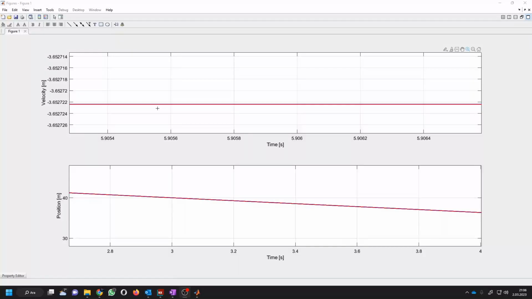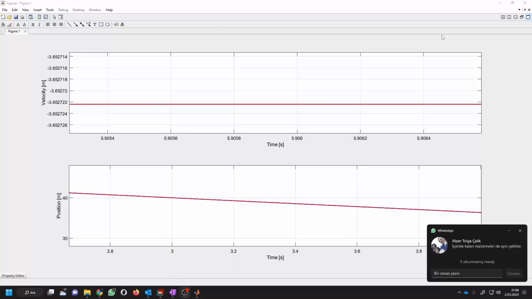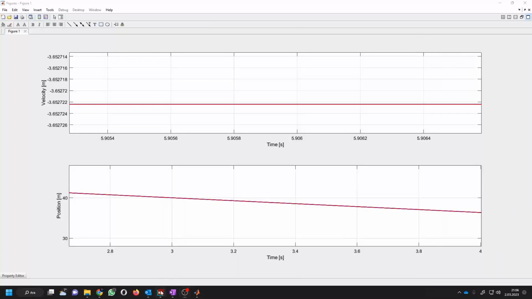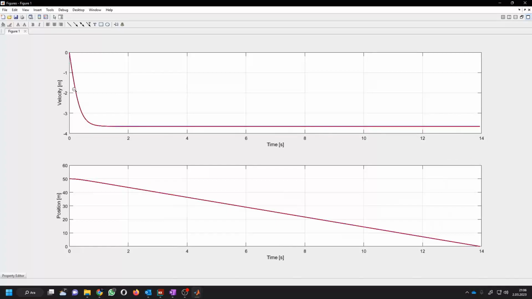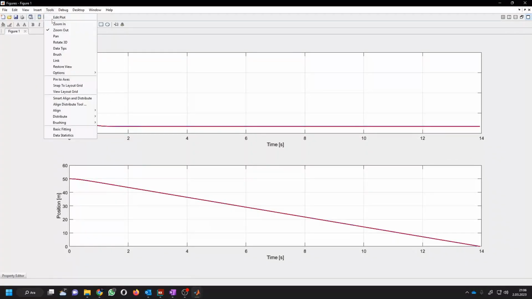So let me increase delta t value and see if there is a difference. Okay, I will delete my numerical solution from here, calculate it with a coarse time step.